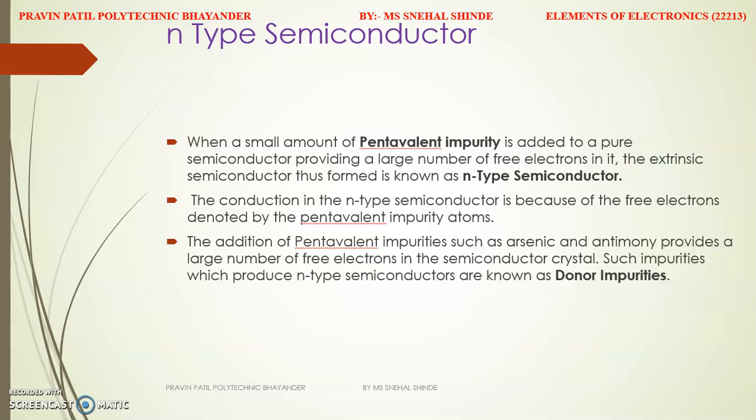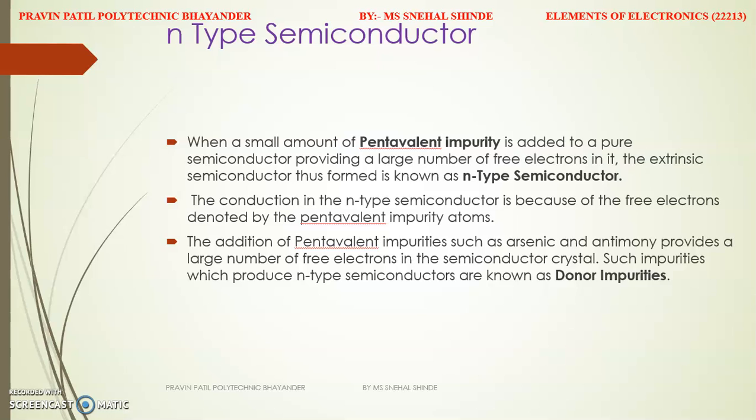So, when a small amount of pentavalent impurity is added to a pure semiconductor, providing a large number of free electrons in it, the extrinsic semiconductor thereby formed is known as n-type semiconductor.